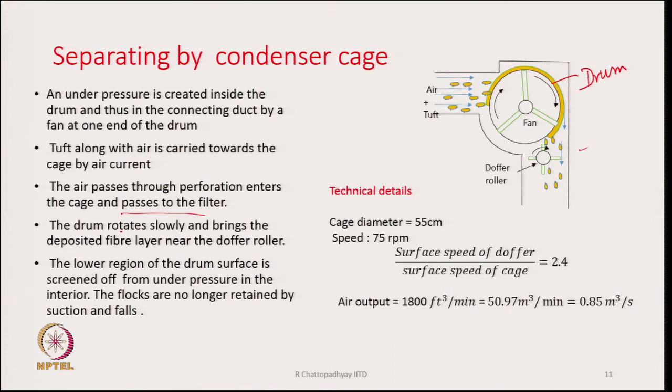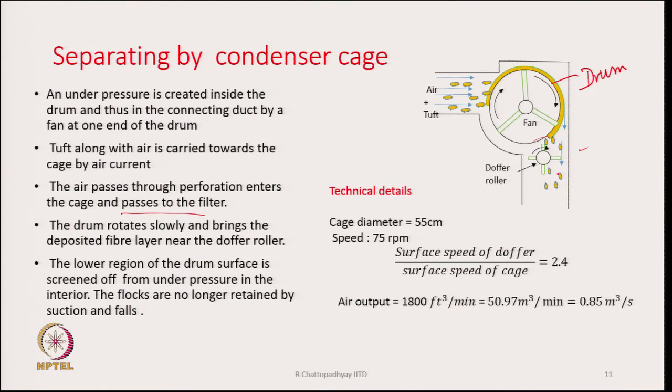The drum rotates slowly and brings the deposited fiber layer near the Doepfer roller. So, you see that yellow part, it is a deposition of tufts on the surface of the drum. As the drum rotates slowly, these deposited tufts will be brought near the doffing roller or Doepfer roller.